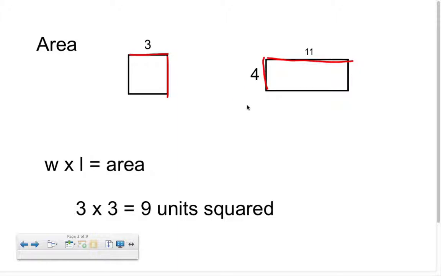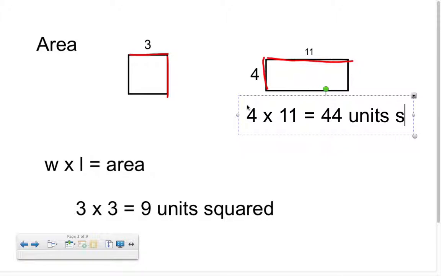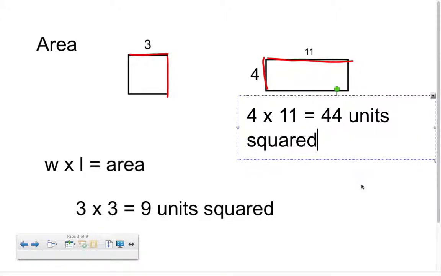So here we go. 4 times 11, that equals, anybody know the 11 times tables? 44 units squared. So area is basically knowing what to multiply. One side by the other side. One side by the other adjacent side. Not the opposite side, the adjacent side.